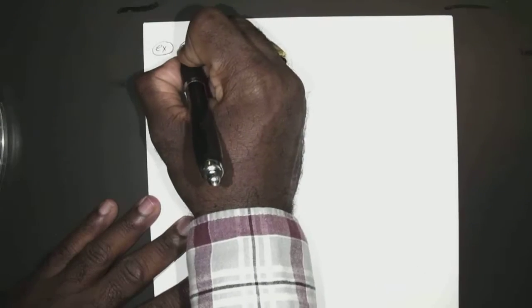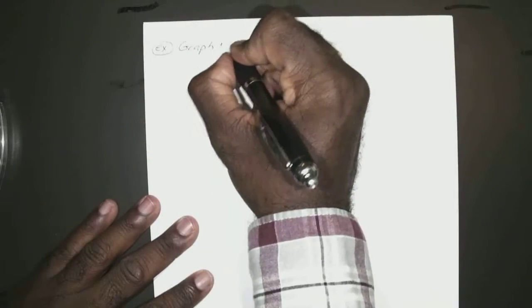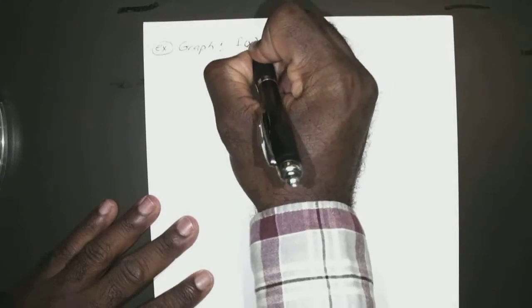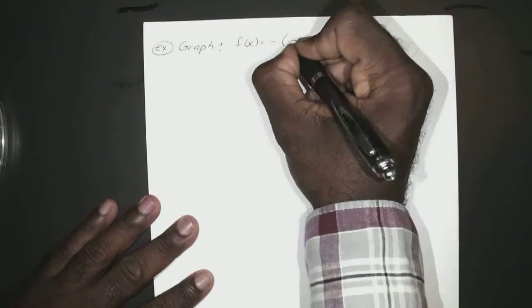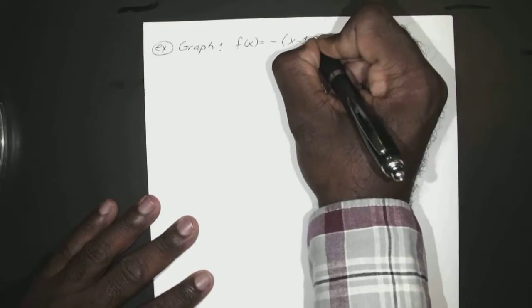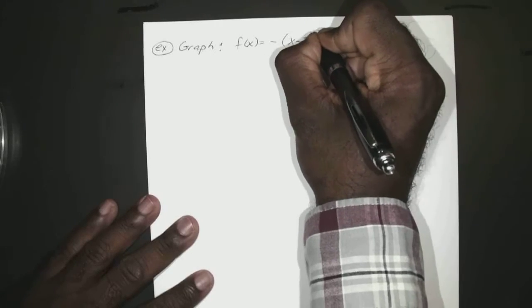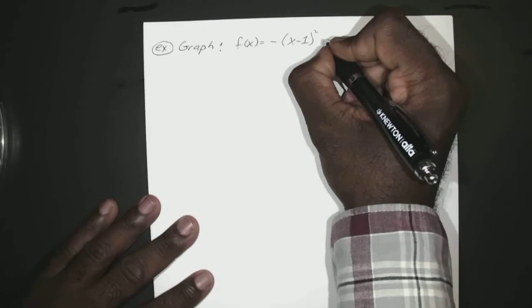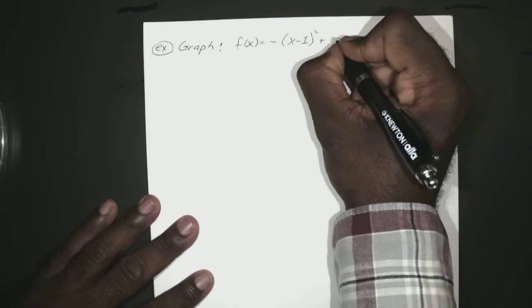Okay, so let's say, for example, if you wanted to graph f of x equals negative (x minus 1) squared, let's say, plus 1.